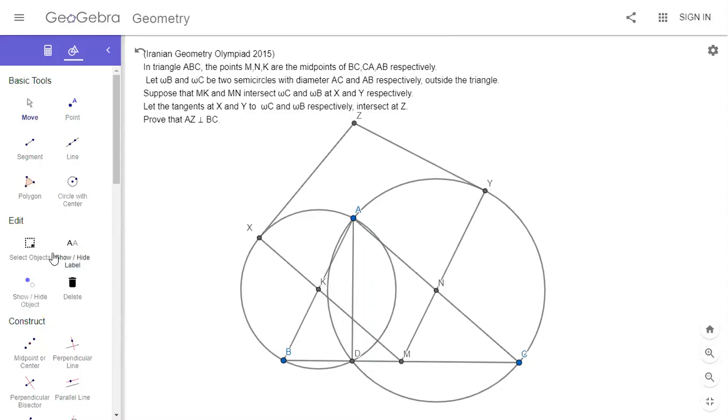I didn't even think that X, A, and Y lie on a line, but basically we have MXZ and MYZ are both 90 degrees, right? And not only that, MX has to equal MY because XK is half of AB and MK is half of AC. So that proves it.